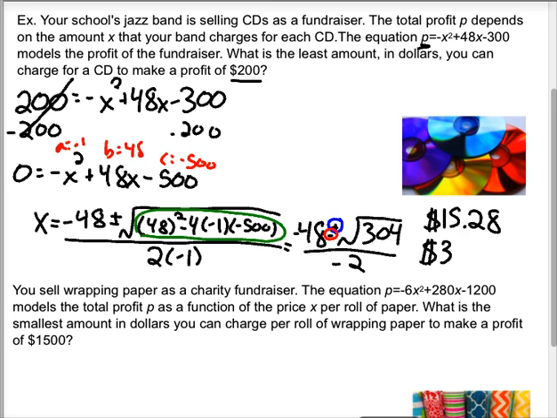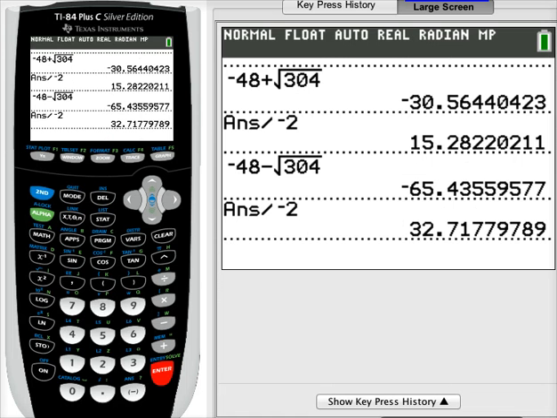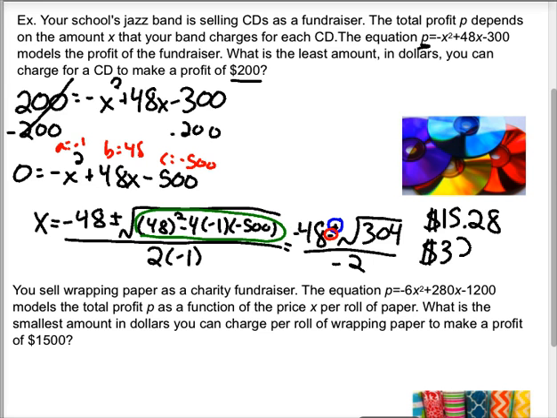I just need to make sure I'm going to write it down right. Yep, $32.72. So we want the least amount spent. The least amount they can charge is $15.28 to get that profit of $200.